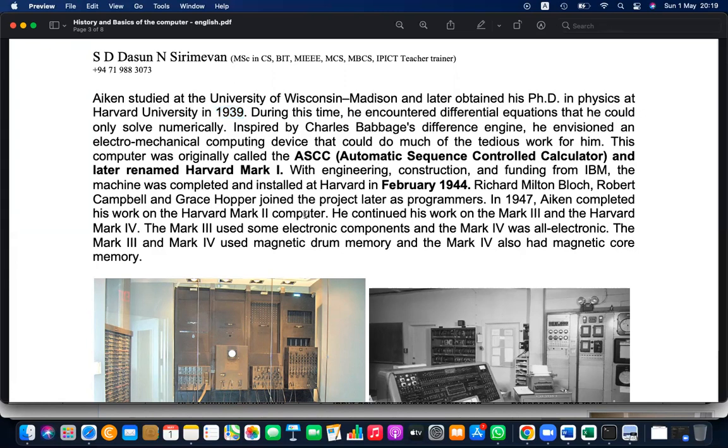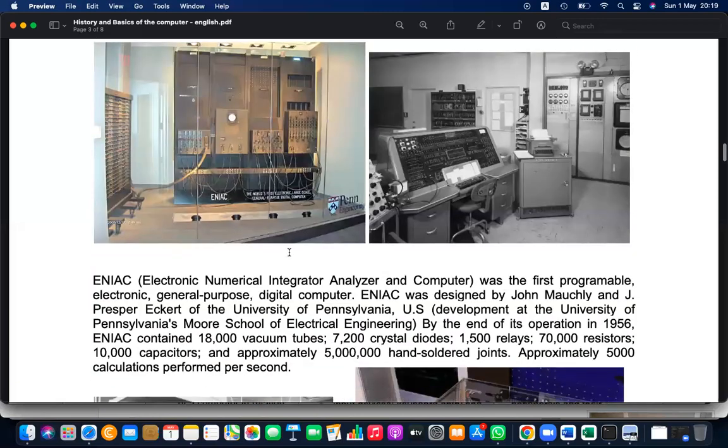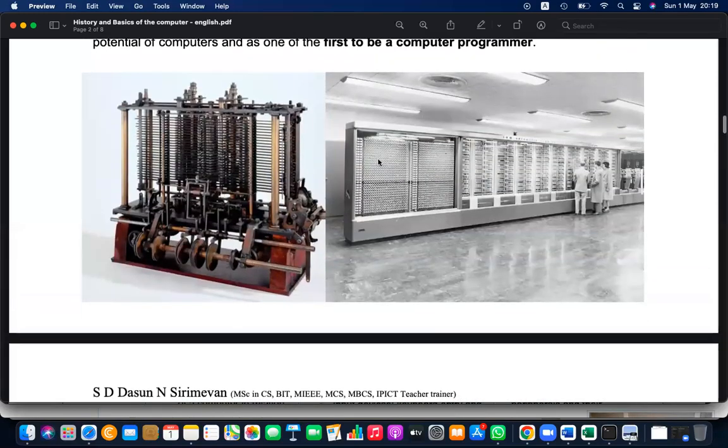So Mark 1 was later developed into Mark 2, Mark 3, and Mark 4, likewise. And in the 1950s, the first electronic computer was released. Previous computers had electro and mechanical components, not just electronic.